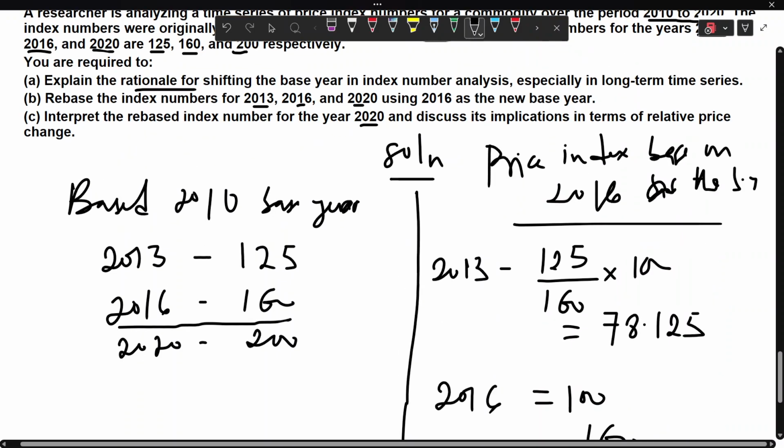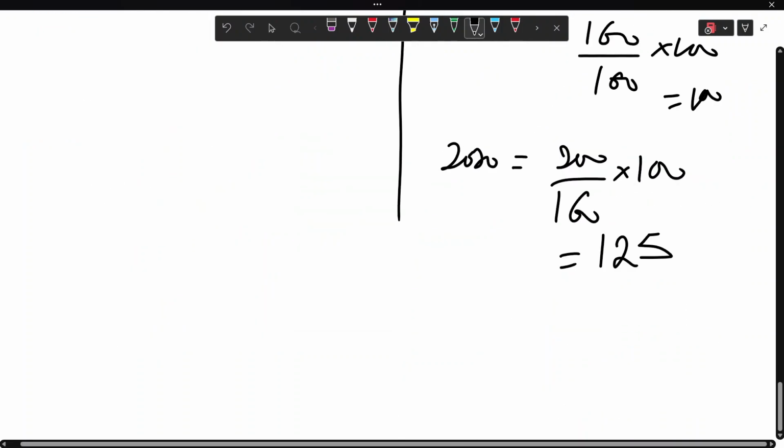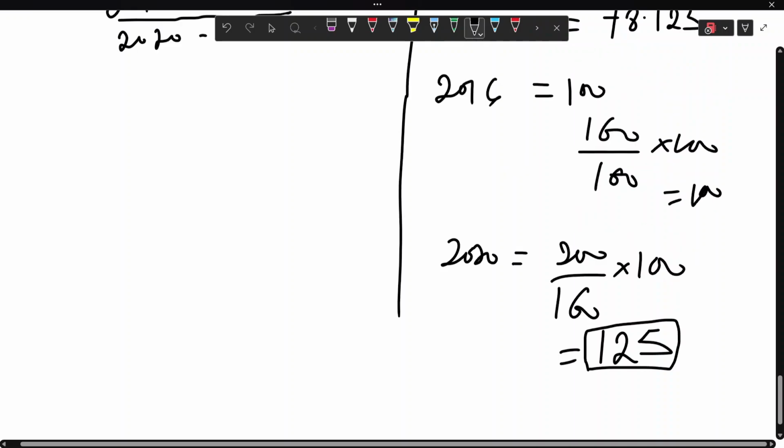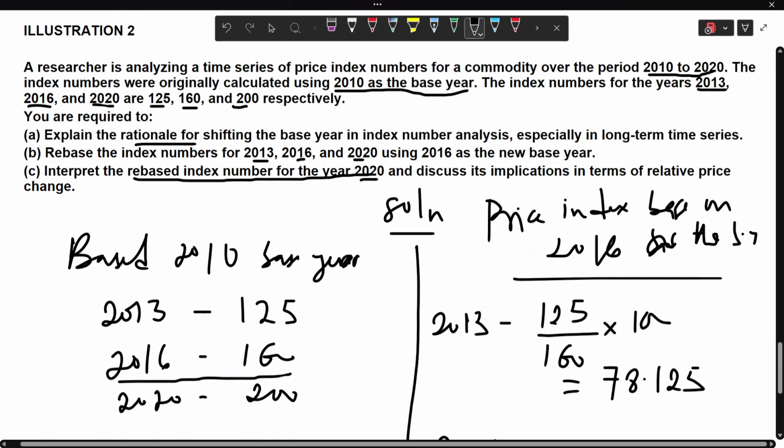Now let's come to the C part. The C is saying interpret the rebased index number for the year 2020. So for the year 2020, the rebased index number was 125. And discuss its implications in terms of relative price change.